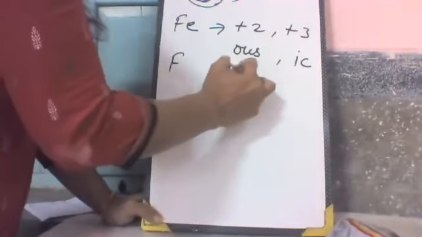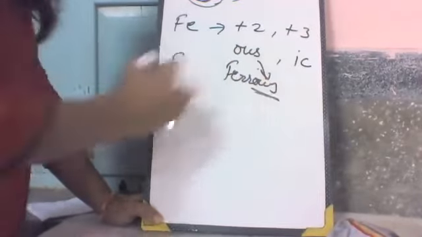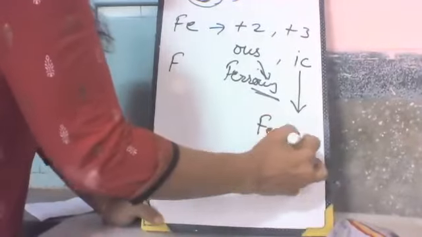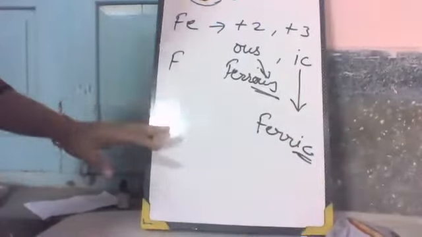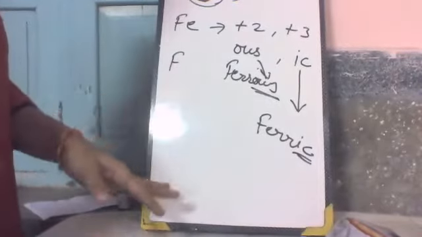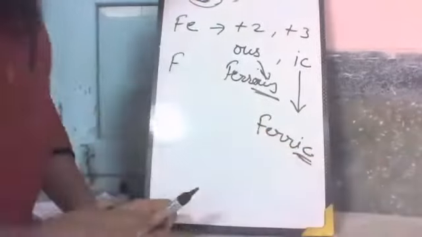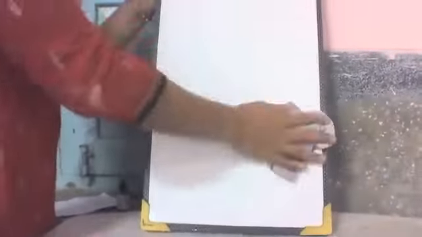Ferrous here, and ferric here. Same for cuprous and cupric, plumbous and plumbic, stannous and stannic. This is the pattern of naming variable valency in an atom.